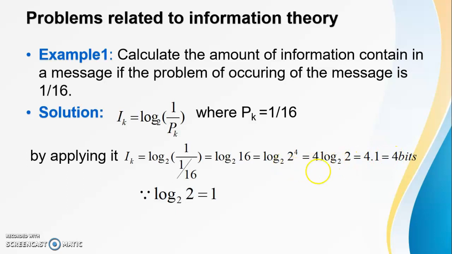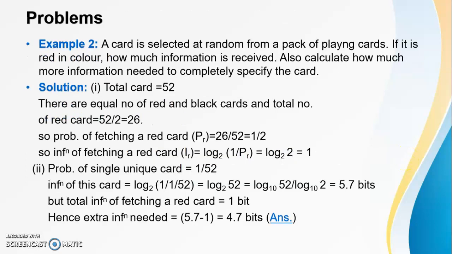So it becomes 4 log 2 base 2, and log 2 base 2 equals 1. So the answer is 4 bits. You should remember that the unit of information is bit.